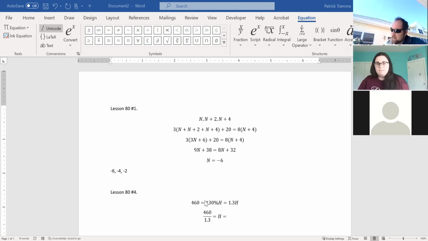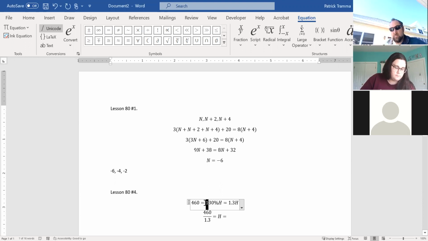Because it's not saying that 130% of the hamadryads is the fairies. It's that the fairies outnumbered the hamadryads by 130%. So that means there was 100% plus another 130%, which is 230%. So it should be 2.3 instead of 1.3.